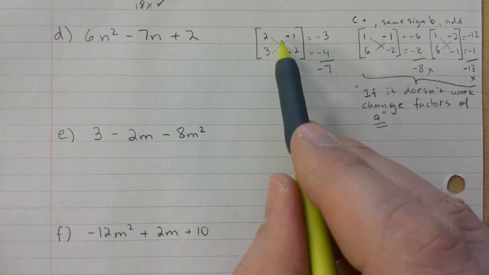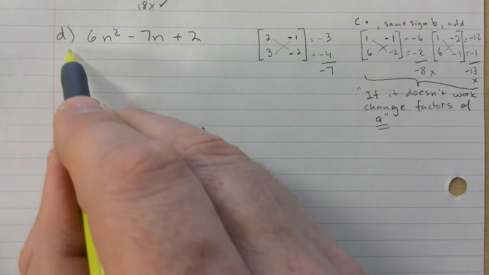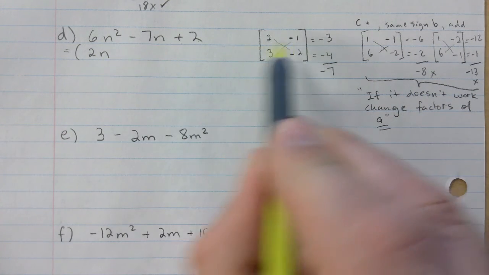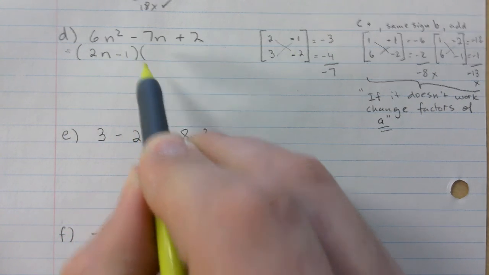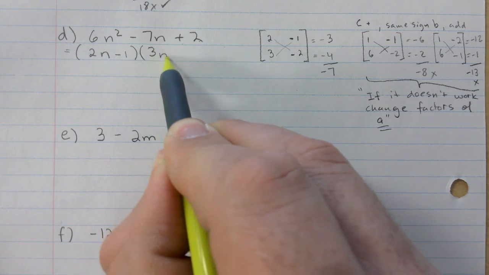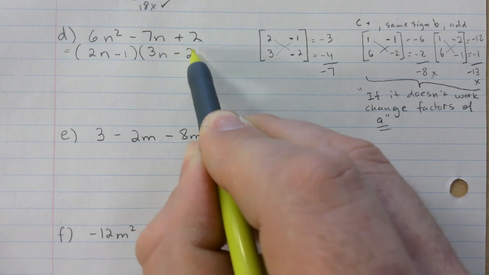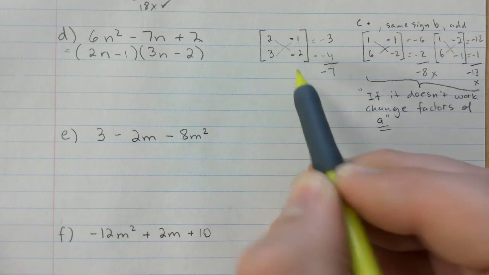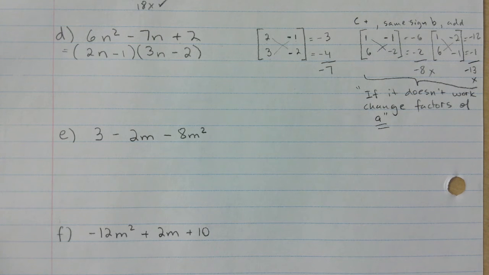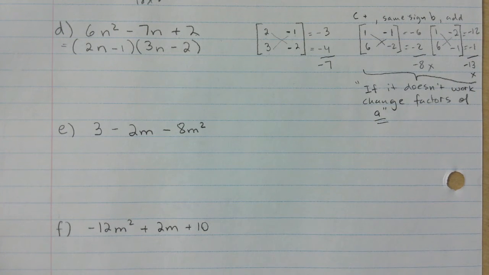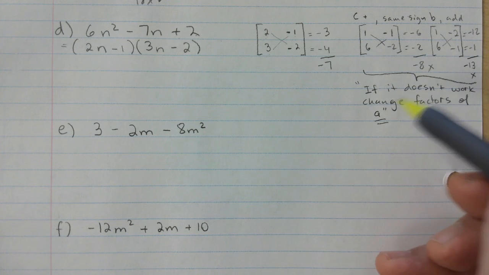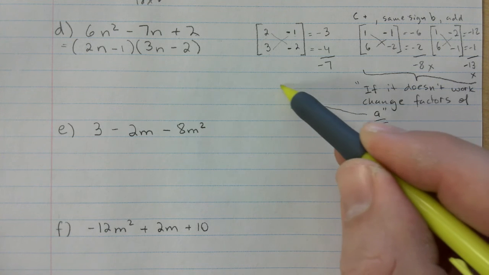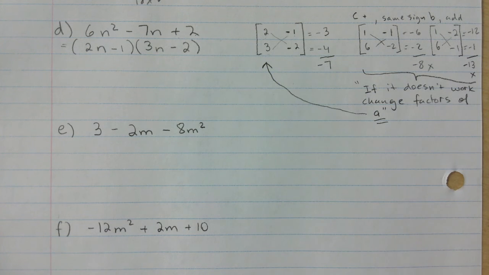So now if this works, that means that this will result in 2n minus 1 and 3n minus 2, right? So 2n minus 1, 3n minus 2. And then I will have an arrow from here going to there, okay?